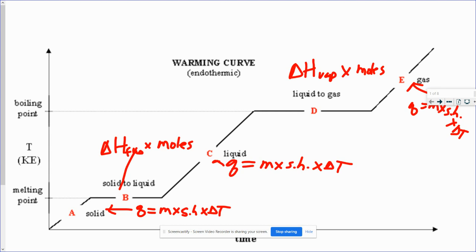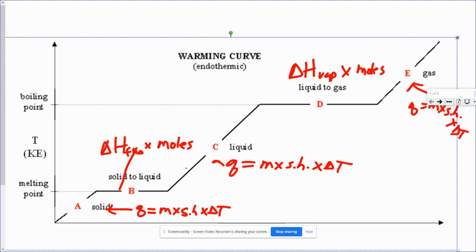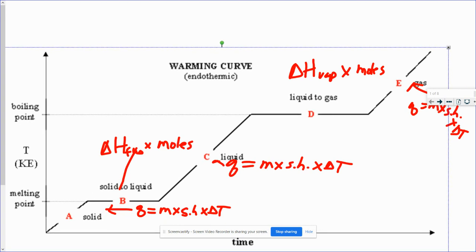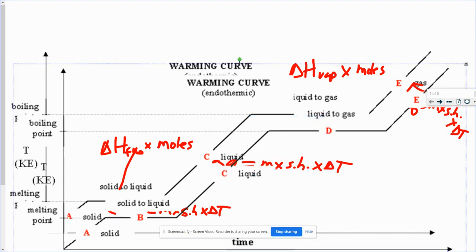That is because all that heat is going into breaking apart some of the intermolecular attractions. And then when it's all liquid, after it's all melted, the temperature can rise again until you reach the boiling point. And then at the boiling point, again, there is just this flat line.